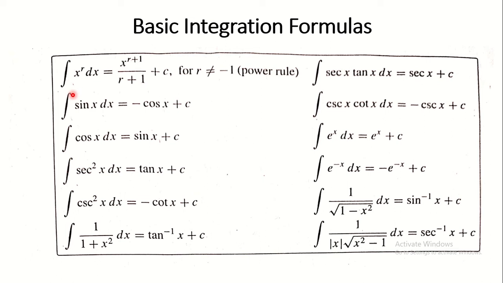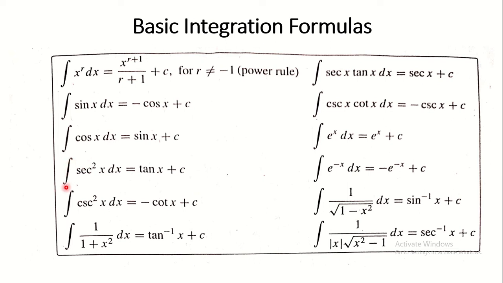And then we also have the indefinite integral of sine x with respect to x is equal to negative cosine x plus c. Huwag kakalimutan yung plus c. Next, the indefinite integral of cosine x with respect to x is equal to sine x plus c.